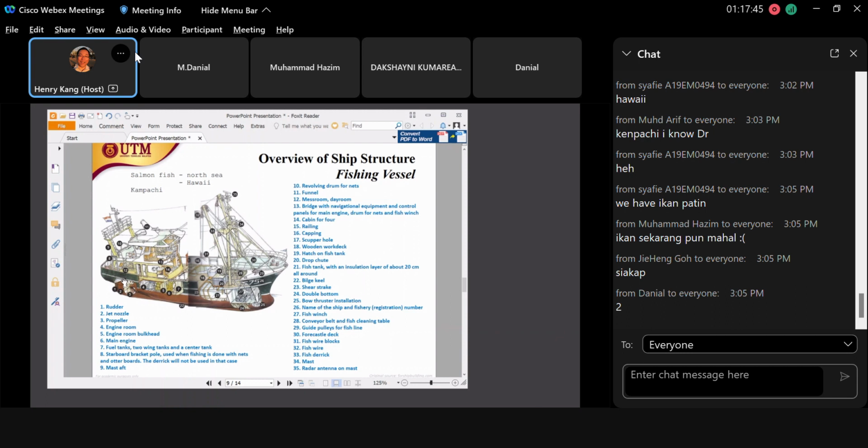I hope this project can be successful because UKM has been involved in a similar project. So we hope our fishermen get a more comfortable and safer working environment by using modernized fishing facilities or equipment from our local makers.